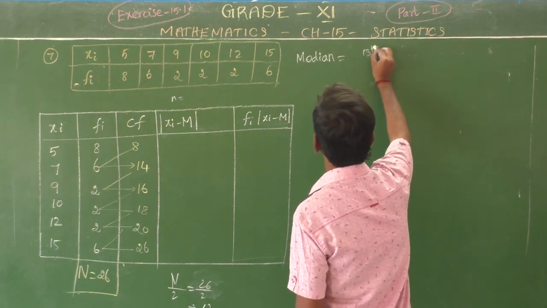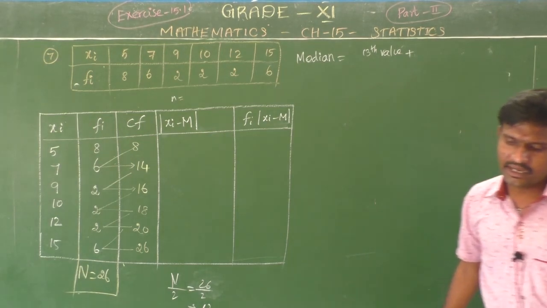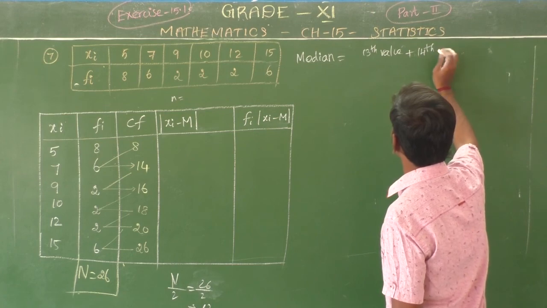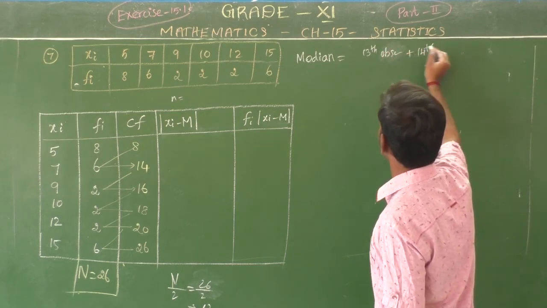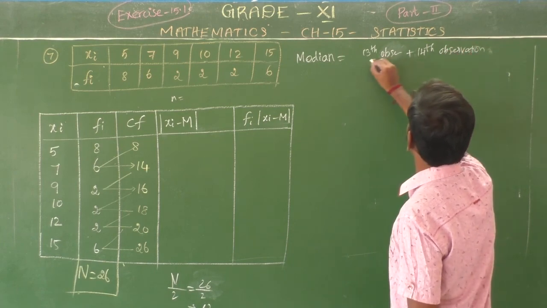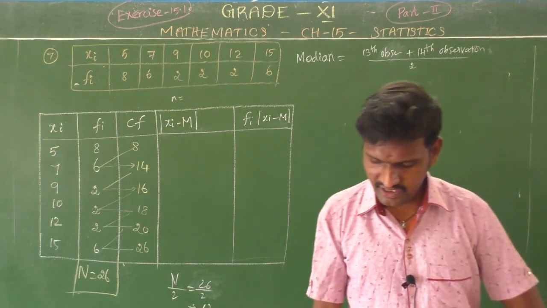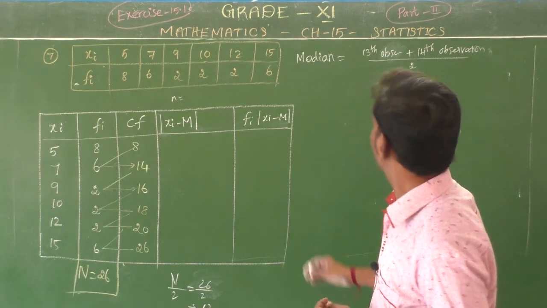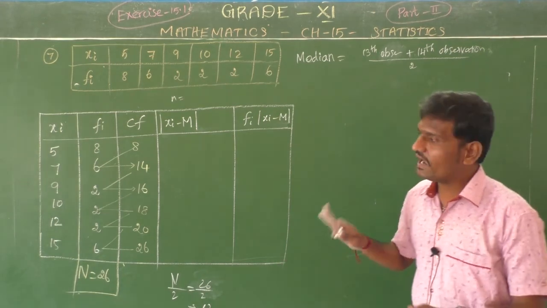So the 13th value plus the n by 2 plus 1th, that is the 14th observation, whole divided by 2. So what will come? See, the 13th observation and the 14th observation both have the same value.